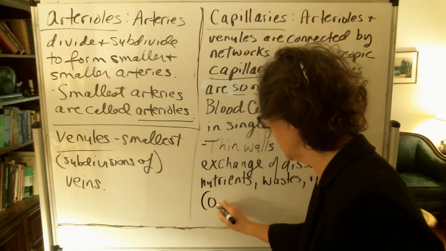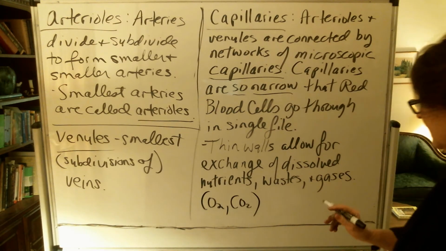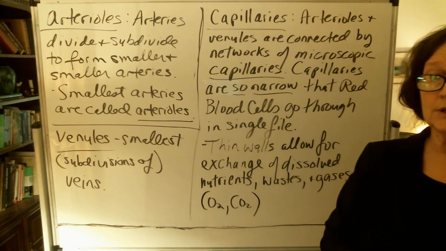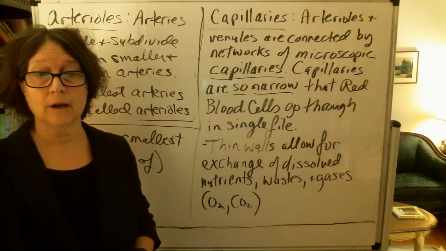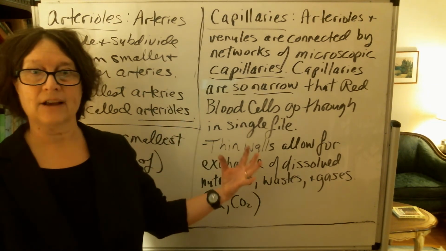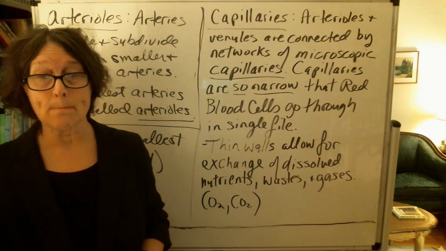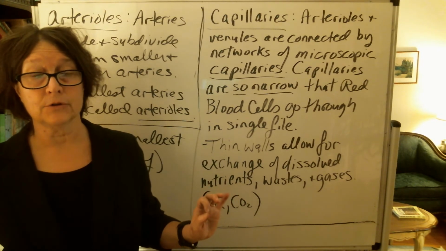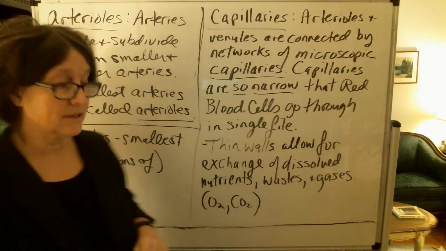Specifically, of course, oxygen and carbon dioxide. So this is where the real work of the circulatory system takes place, here in the capillaries, where you wind up having all of that stuff that blood does for us actually happening. So your capillaries, despite their microscopic size, are actually your most important blood vessels. Everything else, all those other tubes, are basically plumbing, getting the blood to the capillaries.